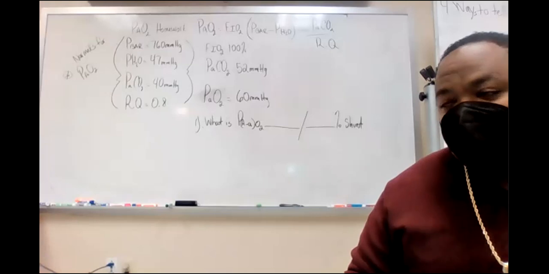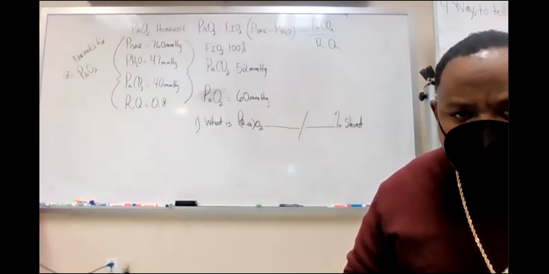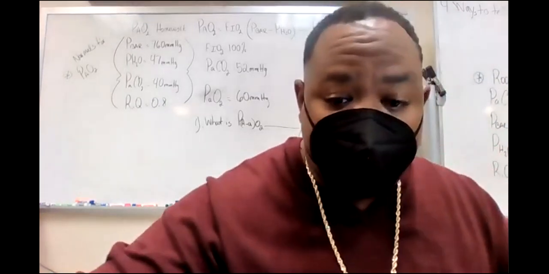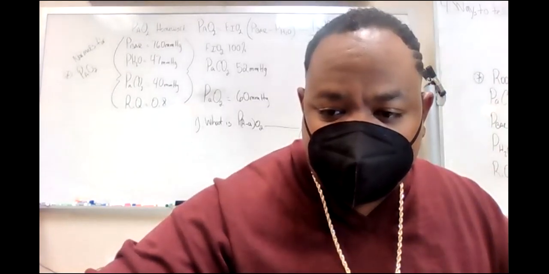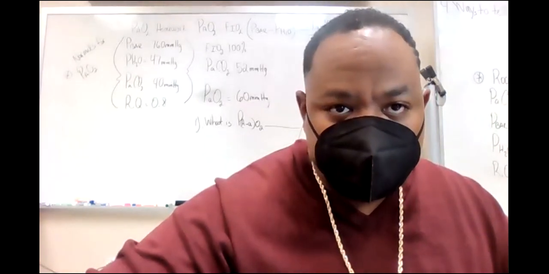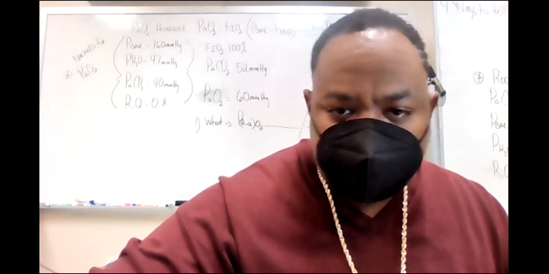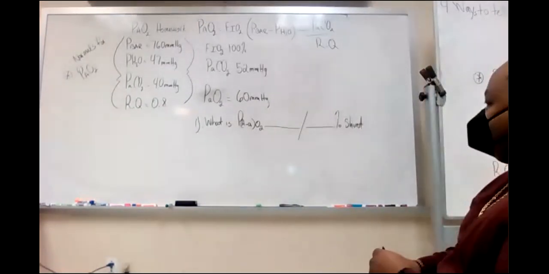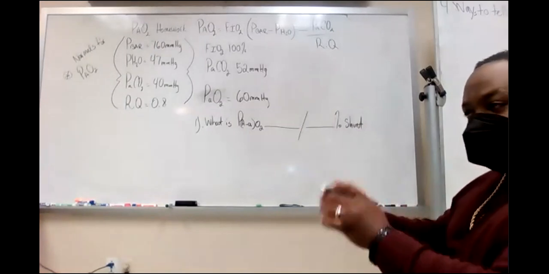Remember, we said for every 50 millimeters of mercury. Hold on, it's telling me to close some of my applications, so I'm going to get my big head out of the way in a minute. All right. For every 50 millimeter difference in the Aa gradient equals a 2% shunt.